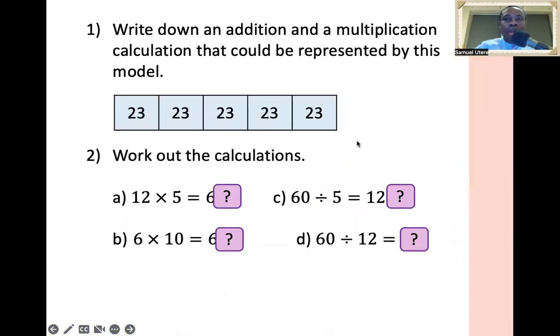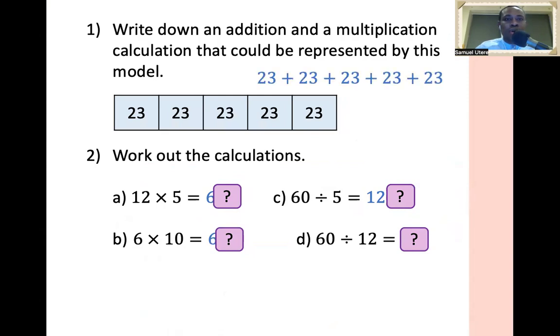Before we start, I would like you to pause the video and answer questions 1 and 2 in 2 minutes. Assuming you've paused the video and you've answered questions 1 and 2, let's discuss the answers.